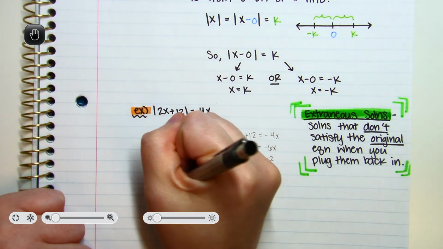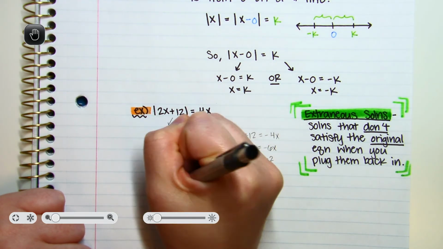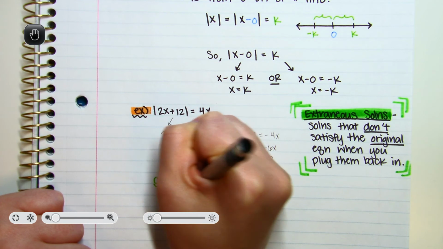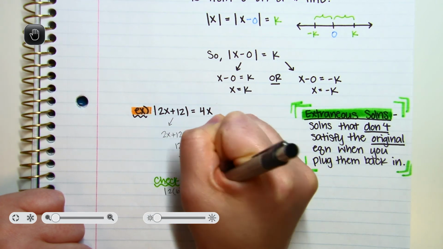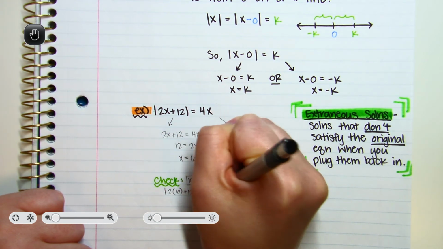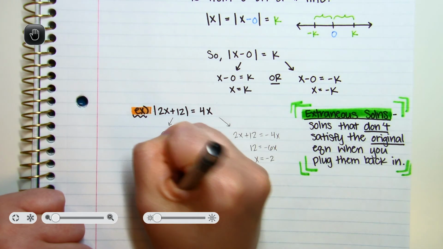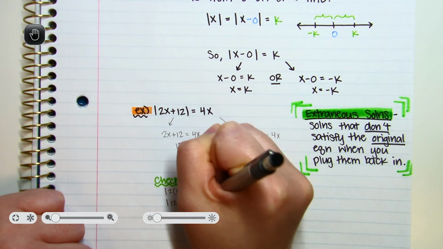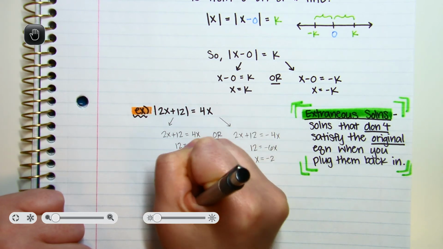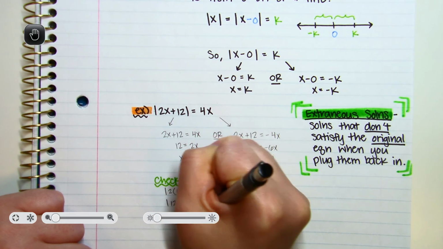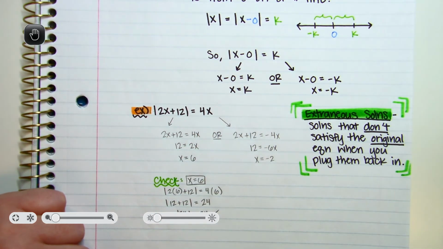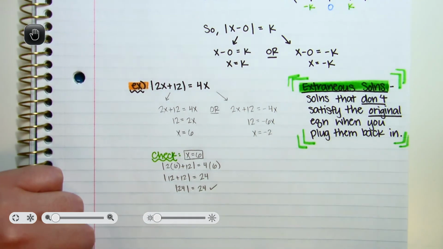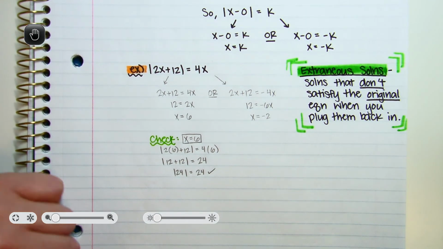So I'm going to have the absolute value of 2 times 6 plus 12 equals 4 times 6. Simplify that. That checks out. We're good to go.